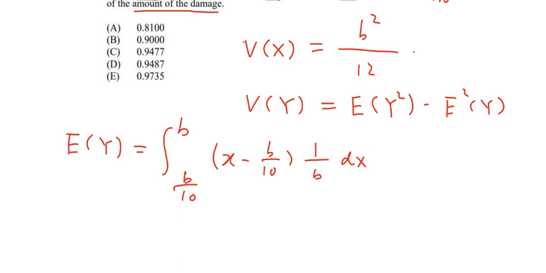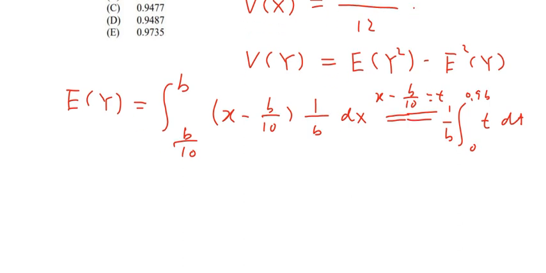For this integration we use substitution: we say x minus b over 10 equals t. So this becomes the integral of t dt, taking 1 over b to the other side, from 0 to 0.9b.